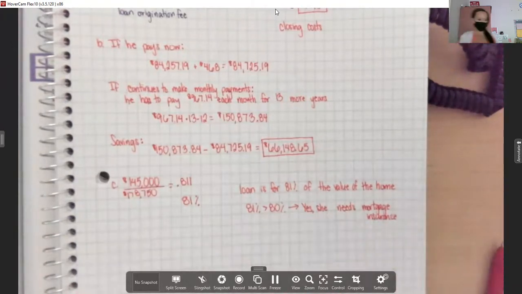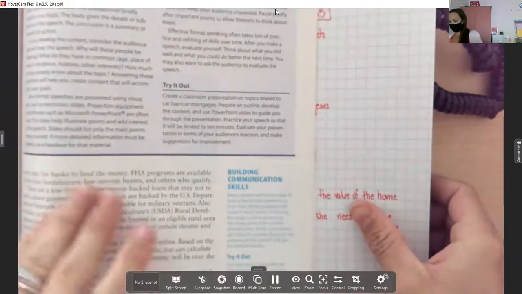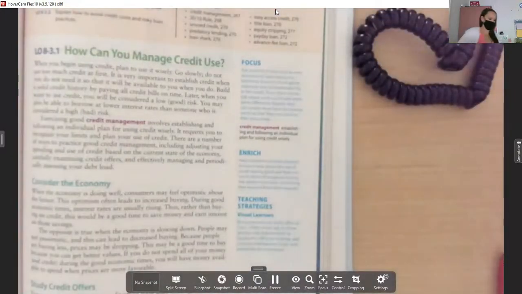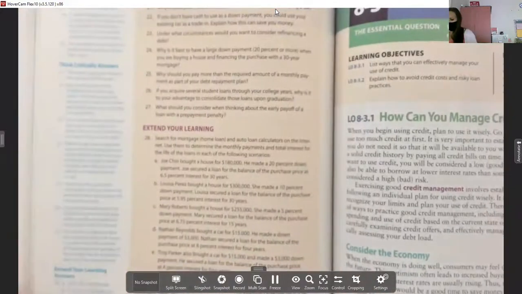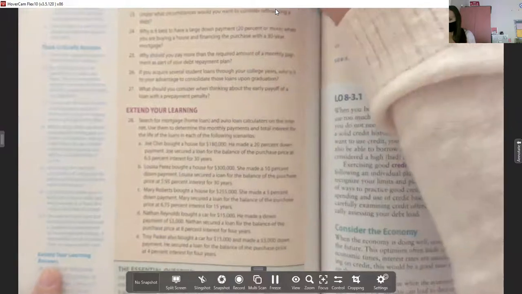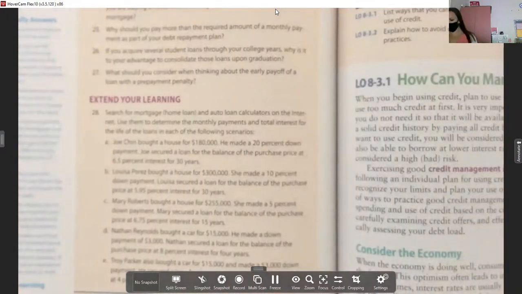Okay. And then we are going to do problem 28 from 8-2. It says search for mortgage, home loan, and auto loan calculators on the internet.